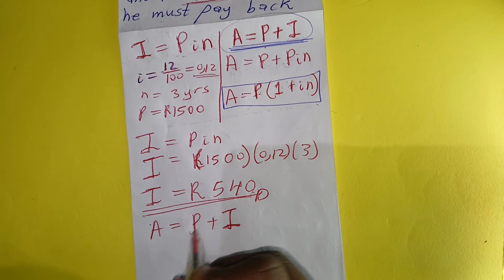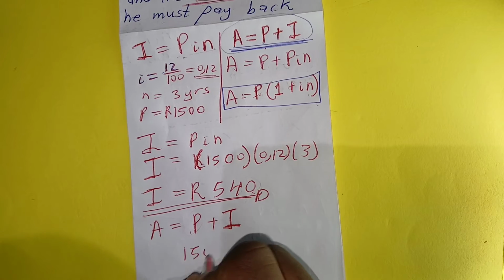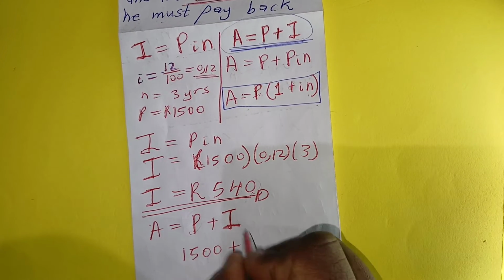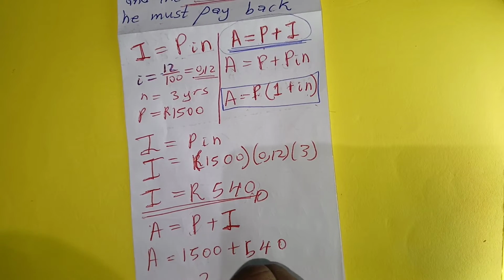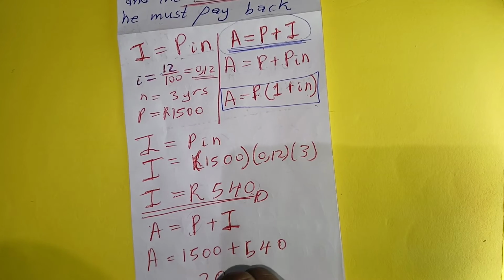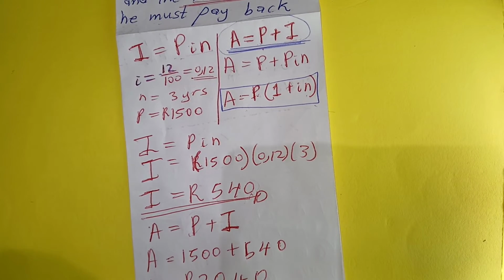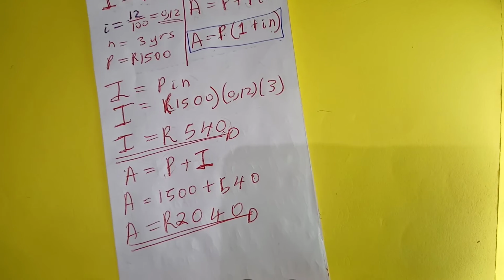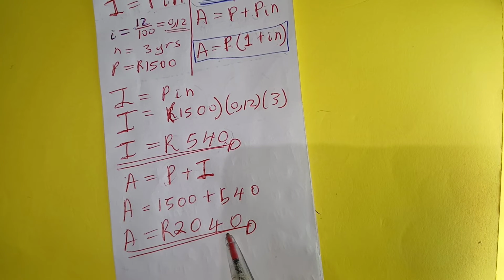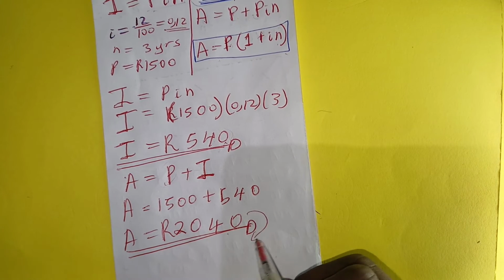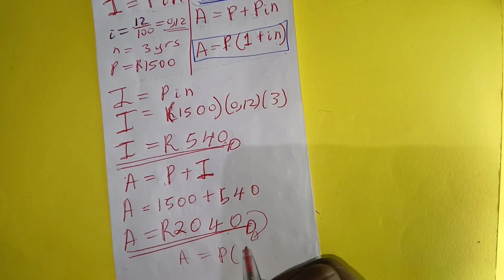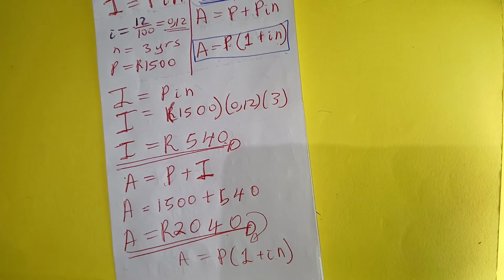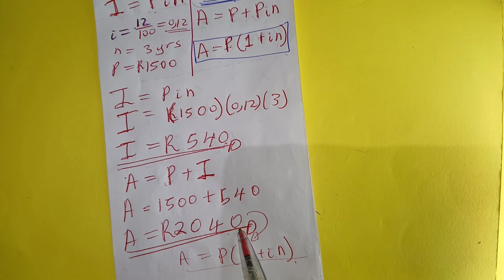And now my principal amount there is 150 plus the one that I just calculated now, which will give me the same amount as the one that I got from the previous video, whereby I was using this equation P plus PNR. Yeah, even if you use this equation, still you'll get the same answer.